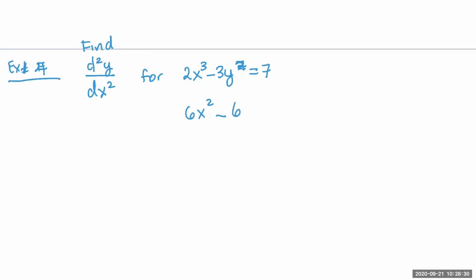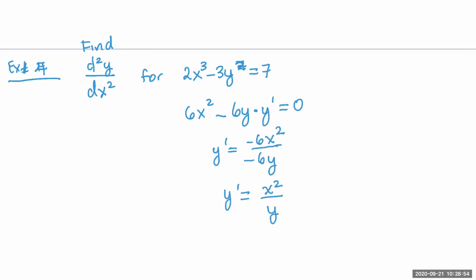So minus 6y, but because it's the derivative with respect to x, I have to times it by y prime, equals, don't forget to take the derivative of 7, which is 0, and then keep solving for y prime. So subtract the 6x squared, divide by negative 6y. The derivative is x squared over y.